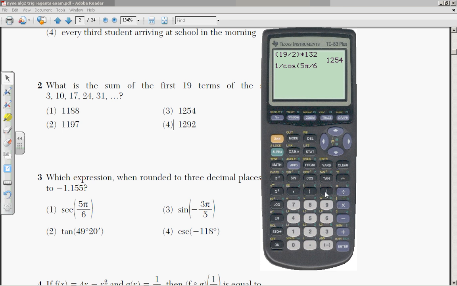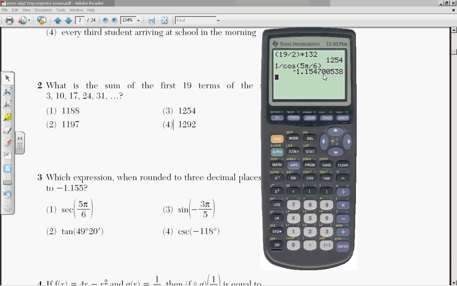Now, one thing you have to be careful about is, since we're dealing with radians here in terms of pi, your mode has to be in radians also. If we're dealing with degrees, like options 2 and 4, then you have to switch it to degrees. So since we're dealing with radians, we do 1 over cosine 5 pi over 6, and your answer is negative 1.1547.